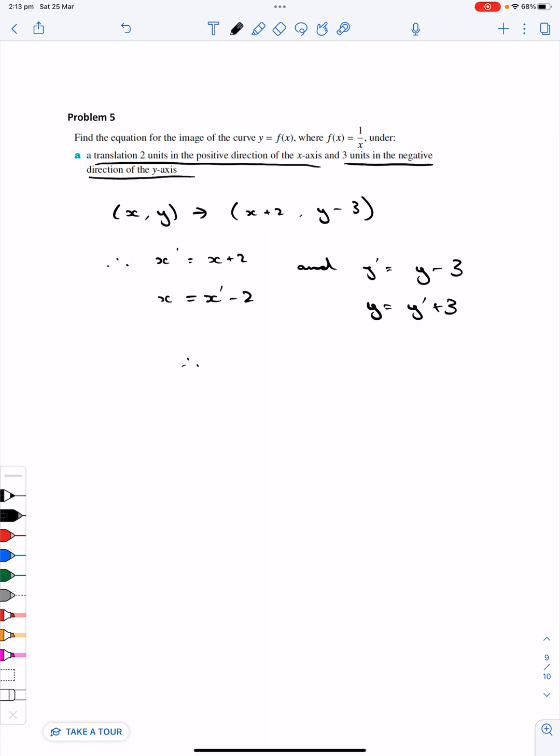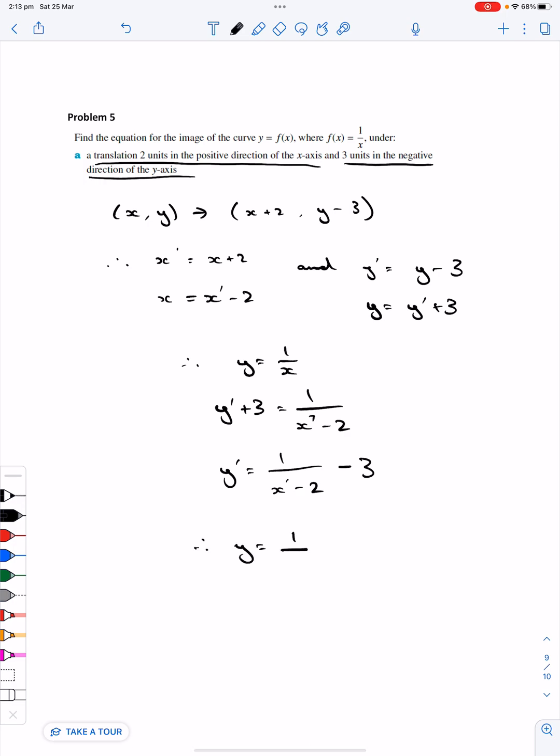Therefore, if we use our original equation of y equals 1 on x, we can say y image plus 3 equals 1 on (x image minus 2), and y image equals 1 on (x image minus 2) minus 3, and therefore our expression can be written as y equals 1 on (x minus 2) minus 3.